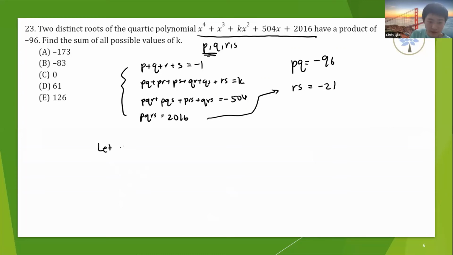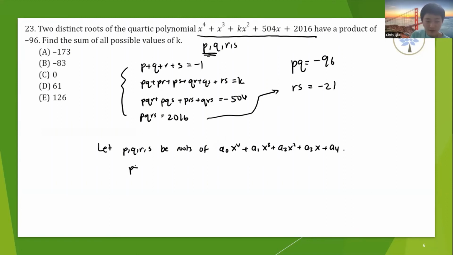Let p, q, r, and s be the roots of a_0 x^4 + a_1 x^3 + a_2 x^2 + a_3 x + a_4.